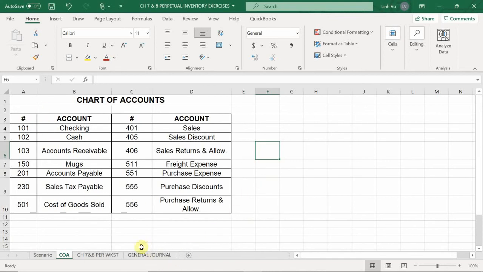All right, so we're going to practice journalizing this. So we purchased mugs on an account. So in this case, what accounts am I going to be using for this journal?